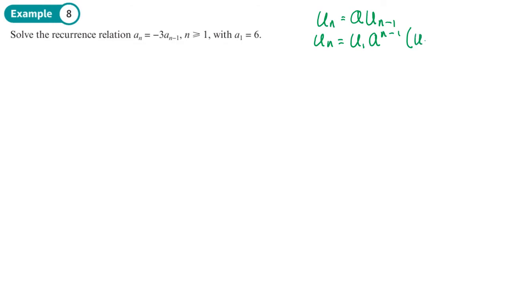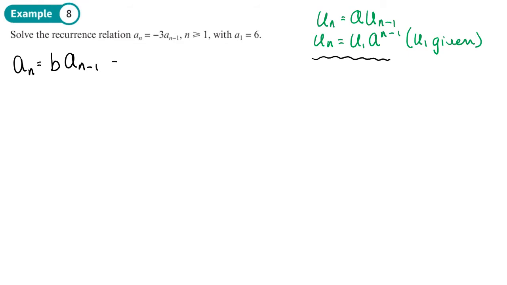So u_1 given. So just like before, I'm going to change the letters so it matches up with the a_n we've got. So if that were the case, then I would have a_n equals, I'm going to use letter b, a_{n-1}.